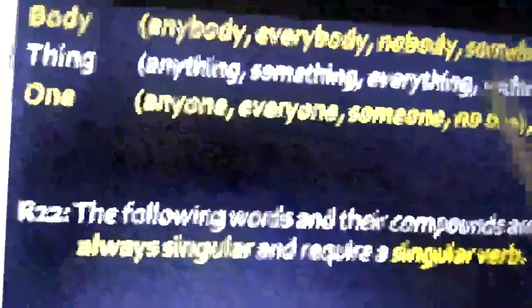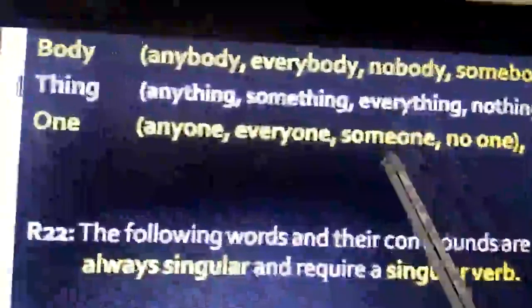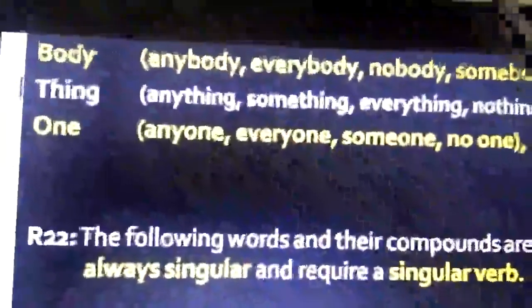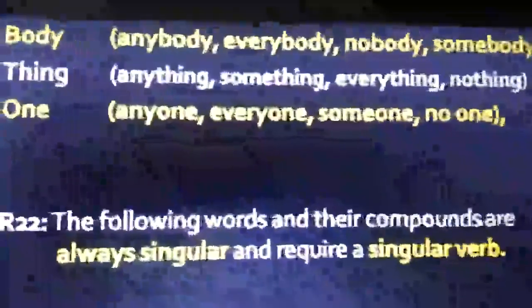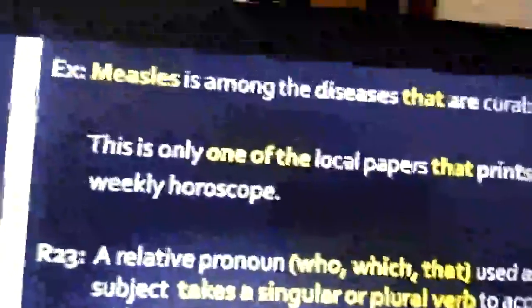Of course it's a compound noun, but they are always in singular form and they require a singular verb. So if you get anybody or anyone or everyone in a sentence, the verb that you provide should be in singular.